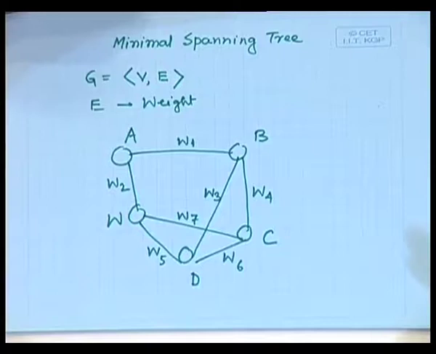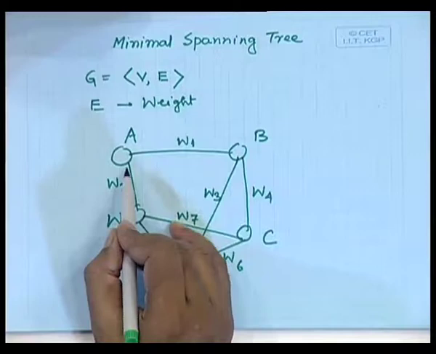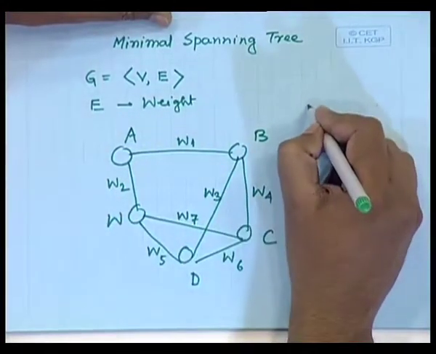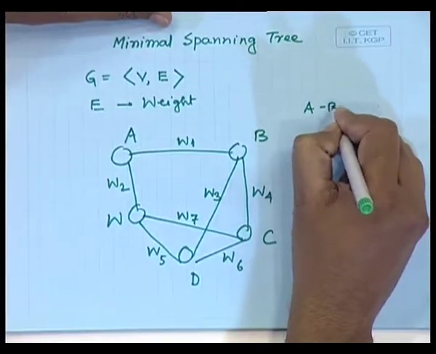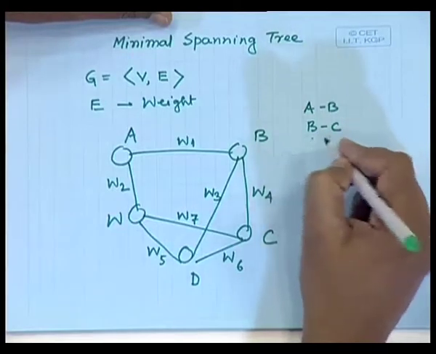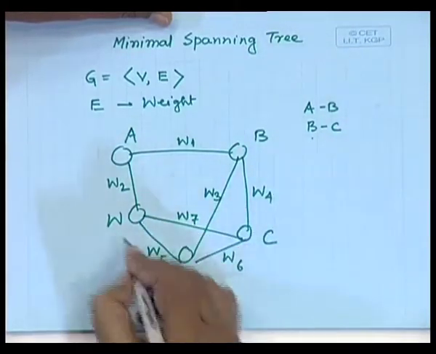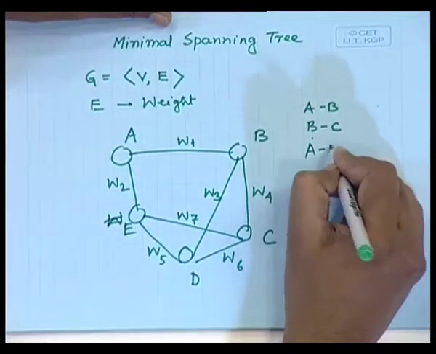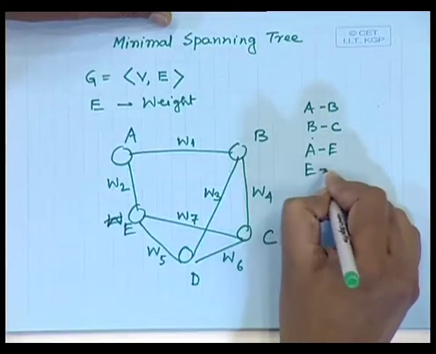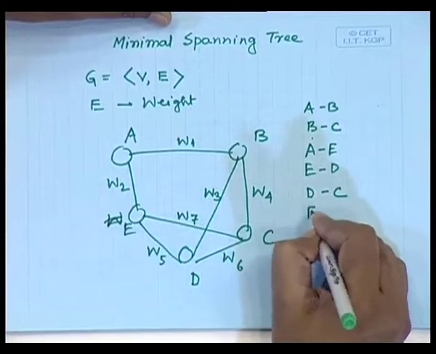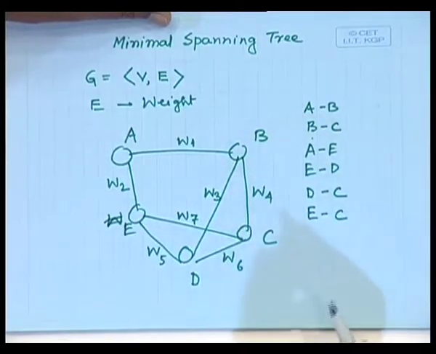The other form of representation of the graph is by an edge list. Okay. So, wherever I have an edge, say an edge between A and B, this graph can be represented in the form A B, then B C, then A E, then E D, D C, and we have E C. Okay.